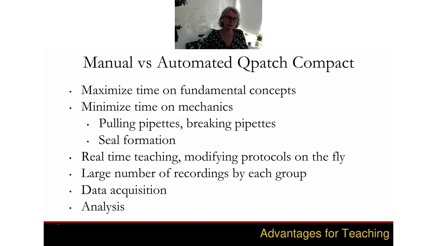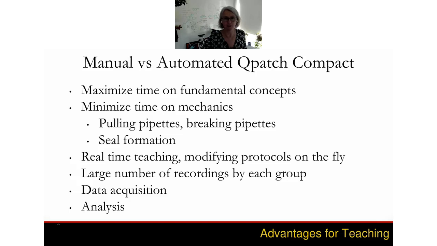It really minimized time on the mechanics of setting up the experimental rig, so pulling the pipettes, less breaking pipettes, there's no pipettes involved. And then the seal formation is obviously automatic in the QPatch Compact.